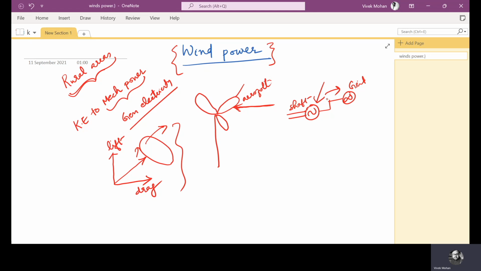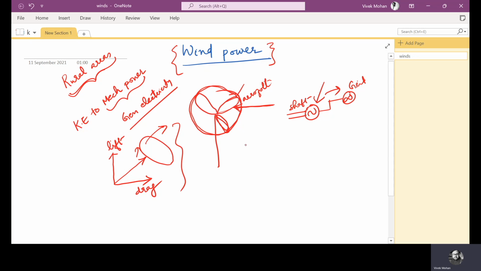Now coming to the aerofoil design, let's see how it is. So the energy in the wind, how is it used? Let this be a circle, the area encircled by the wind blades.